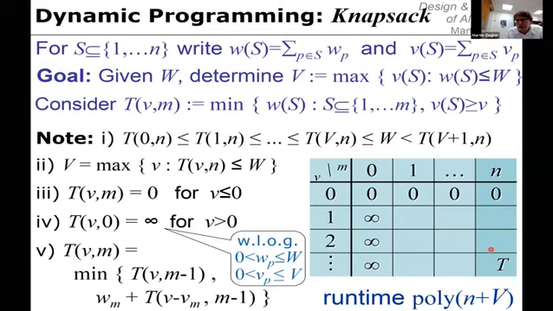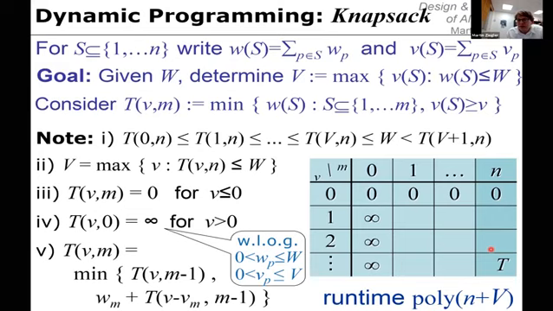And so the running time is therefore polynomial in n plus capital V. Capital V, the quantity we're looking for, polynomial in its value, not in its binary length. And that's what makes this algorithm not a polynomial time algorithm. We cannot hope for a polynomial time algorithm, since the knapsack problem is NP complete.